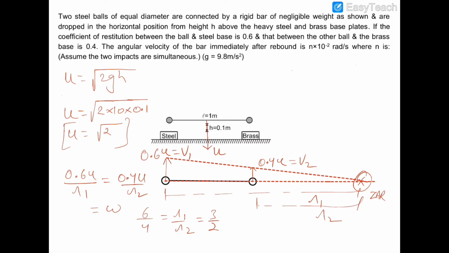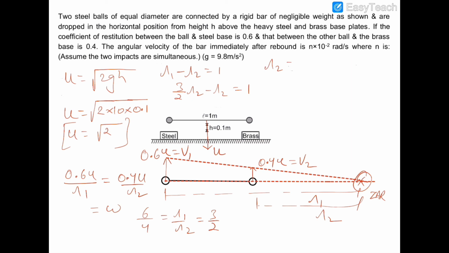Now it is also given that R1 minus R2 is equal to 1, because this is R1 and this is R2. So R1 minus R2 is 1, and R1 is 3 by 2 of R2. So 3 by 2 R2 minus R2 is equal to 1.